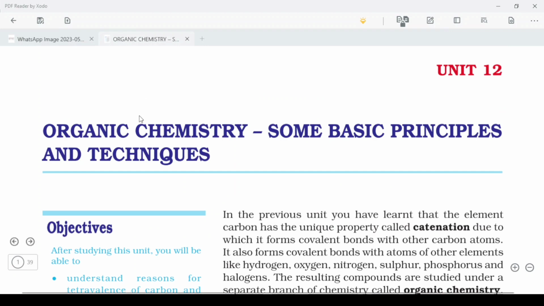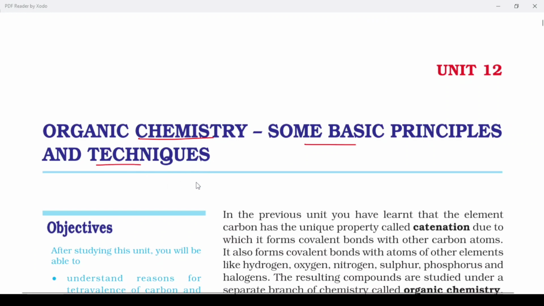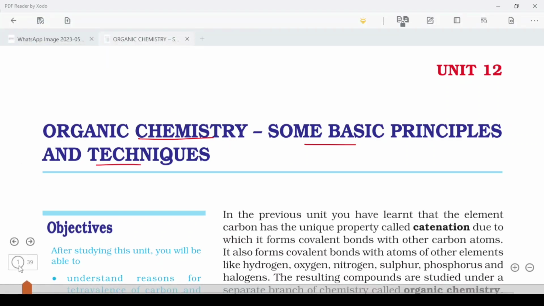So this is your NCERT book, Organic Chemistry: Some Basic Principles and Techniques. This is your first chapter from class 11. To find the answer, we will move to page number 354.